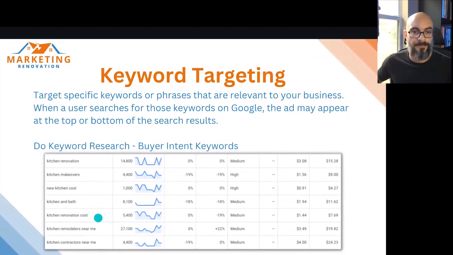So for example, here you see people looking for new kitchen cost, kitchen renovation costs. These are people who are actively looking to get quotes because they want to know how much it is going to cost to do something like this. So these are really good prospects. Also, kitchen remodelers near me. These are people that are possibly doing some research, trying to see who's out there in the market as well. Very good potential prospects.